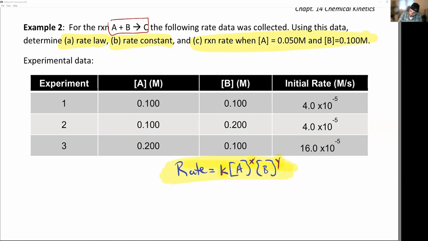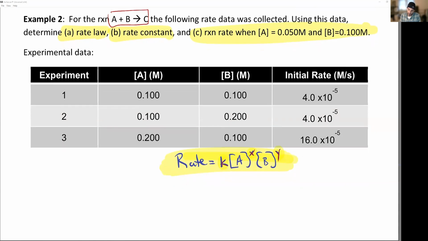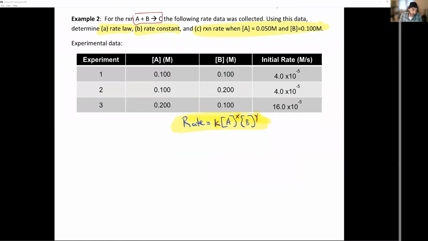The way that we're going to do this, by the way, you can certainly look at this and determine them. You get good, so you can say, oh, I know exactly what that is just by looking at the rates. But we're going to look at the foolproof way to do it, just in case the numbers are a little wonky. So let's take a look at experiment 1 with experiment 2.